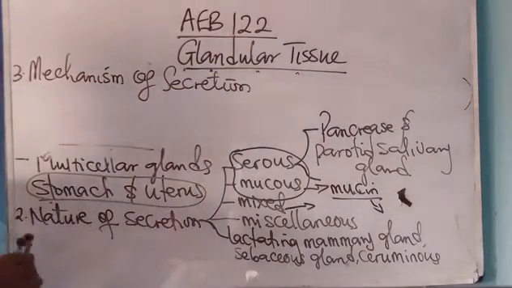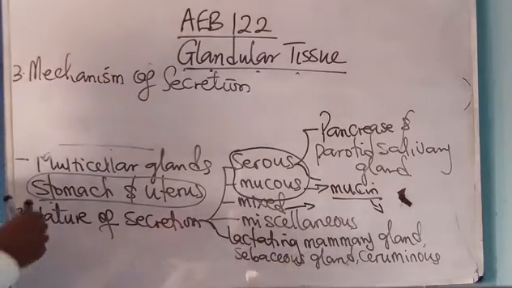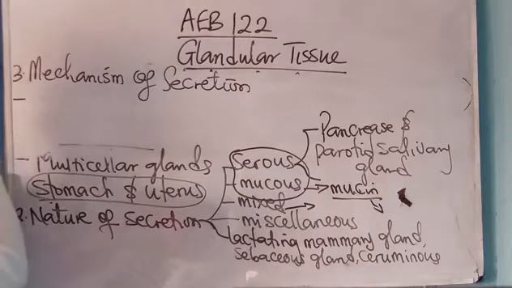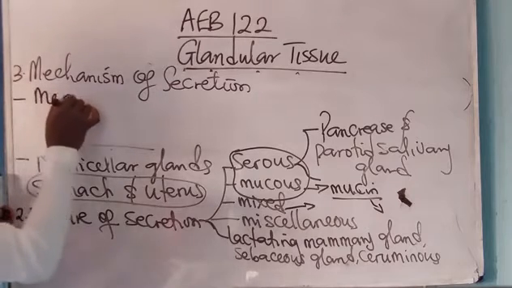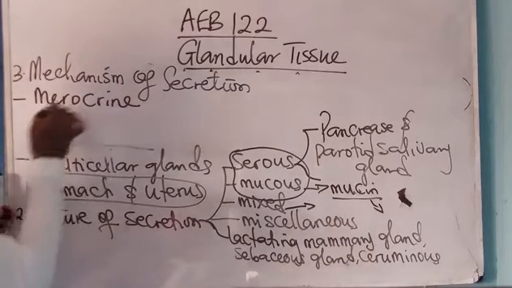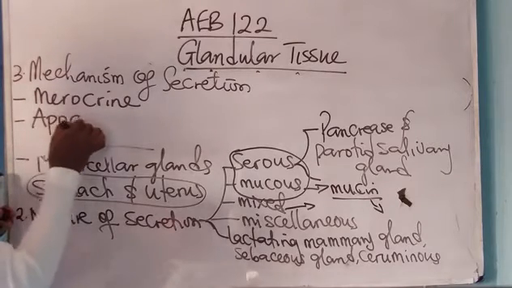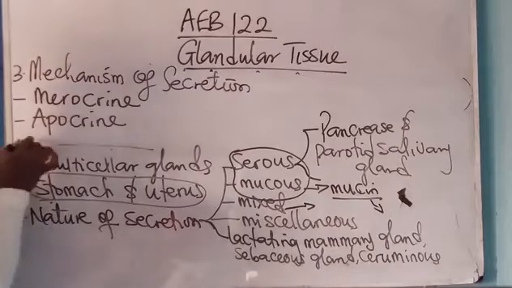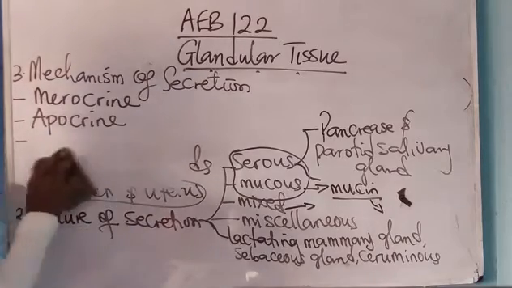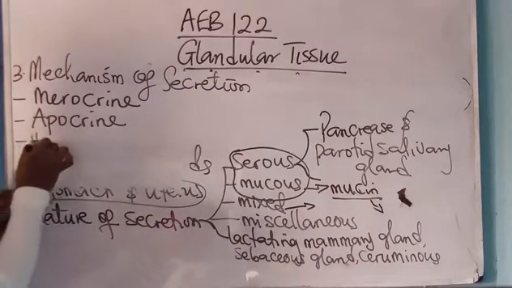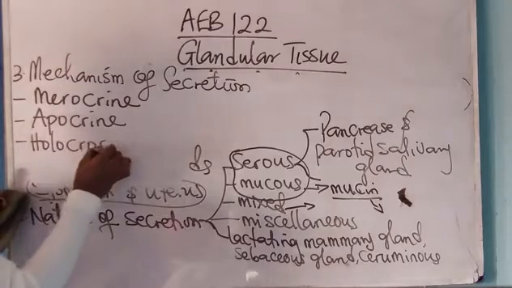Under mechanism of secretion, you have three categories. We have 1, the merocrine. 2, we have the apocrine. And 3, we have the holocrine.